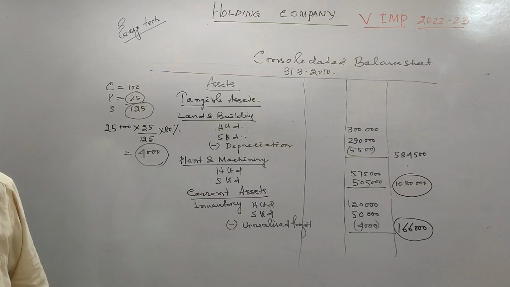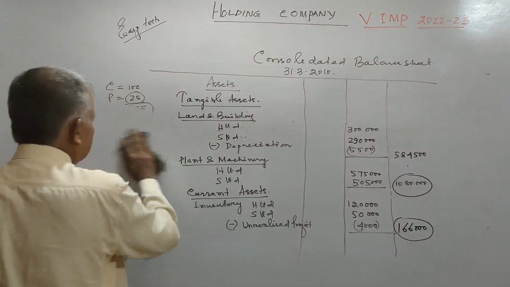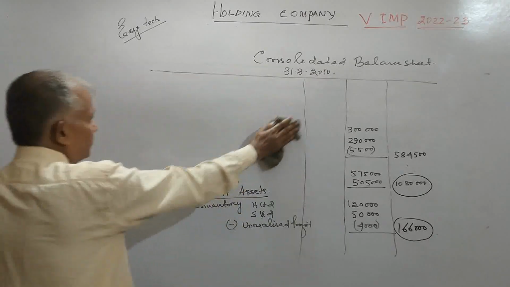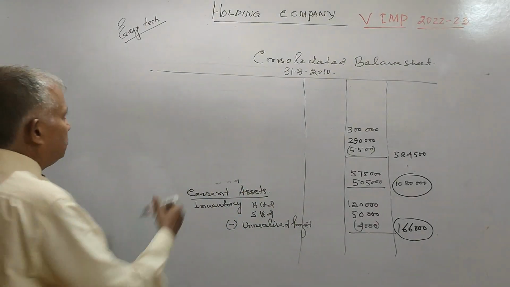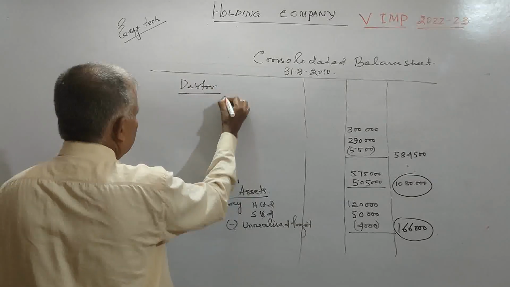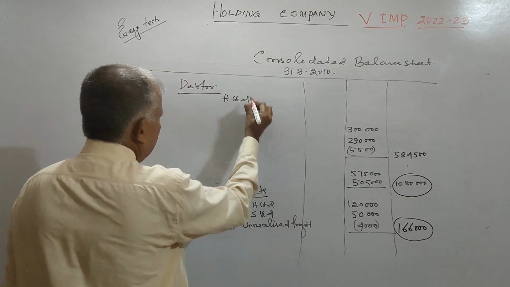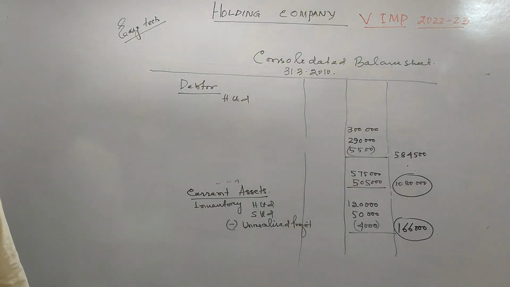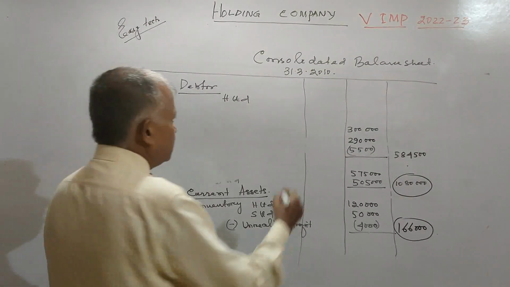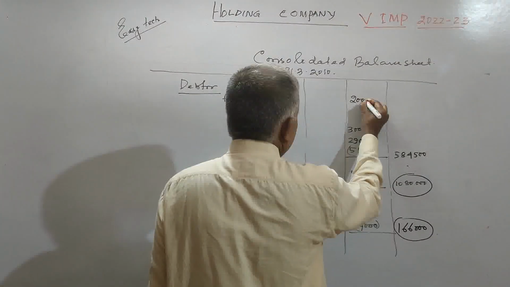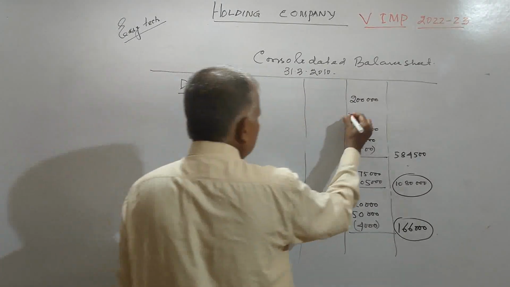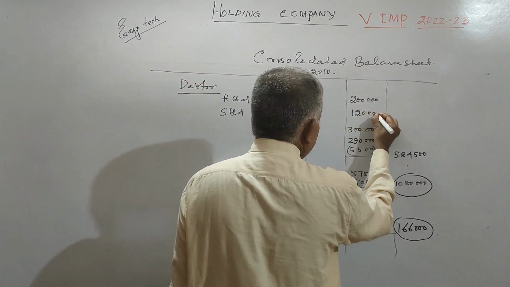Then we will go to the debtors. Asset side continues. Debtors is very easy. H Limited, the debtors is 2 lakh. S Limited 1,20,000.